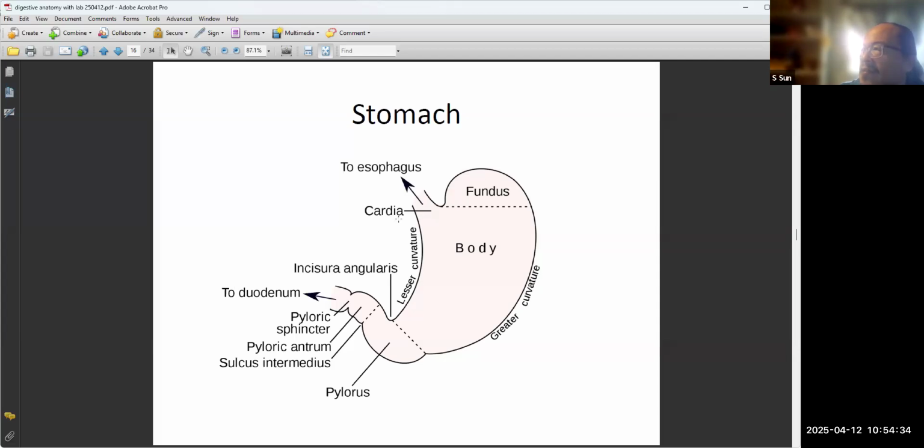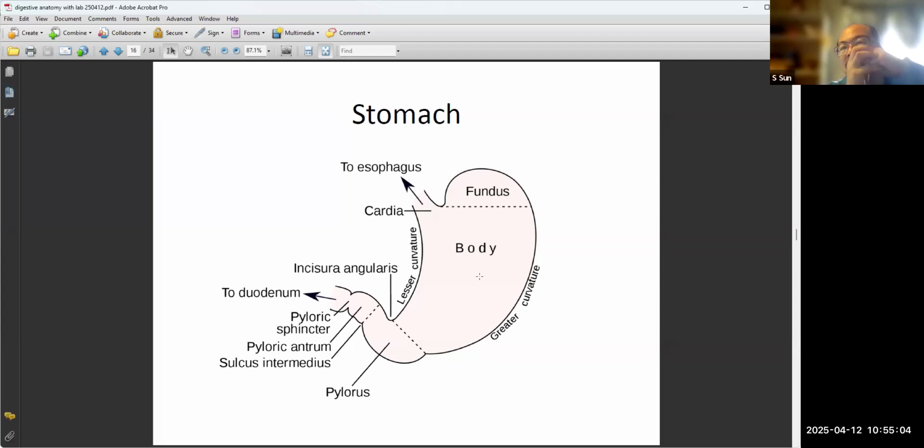Then curvature. This one is the lesser curvature. This one is the greater curvature. So that's easy. Then the major part of the stomach is the body. However, this portion is called the fundus. So that's that. In fact, when we get the food inside, because our stomach is muscle, it can contract.